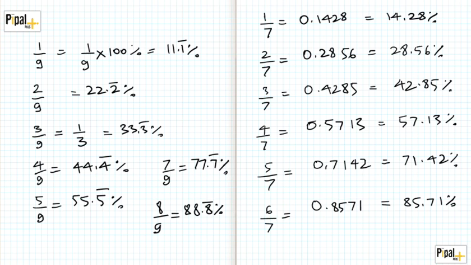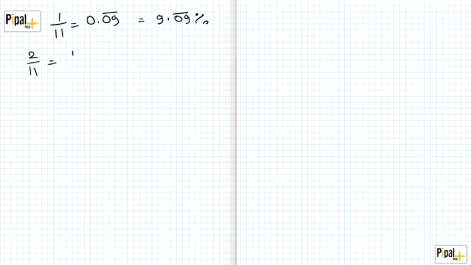Now let's look at fractions with 11 as denominator. Now 1 by 11 equals 0.09090909 and so on. So this becomes 9.09 repeated percent. 2 by 11 becomes 0.1818, so this becomes 18.18 repeated percent.